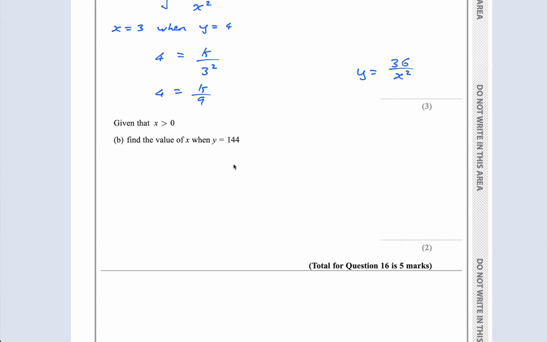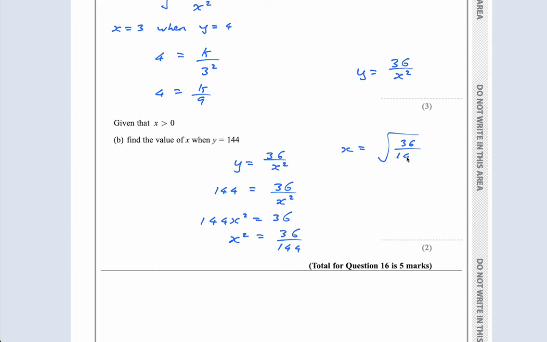Okay, so I'm just going to use the formula that I have, guys. y equals 36 over x squared. I'm going to sub in 144 for y. 144 equals 36 over x squared, and now I'm just going to try and find x squared. Multiply across, 144 x squared equals 36. x squared equals 36 divided by 144, and then x is the square root of 36 over 144.